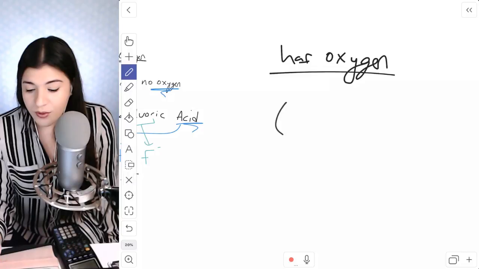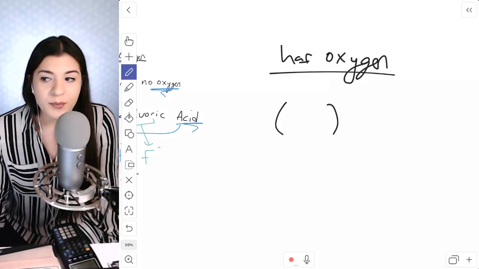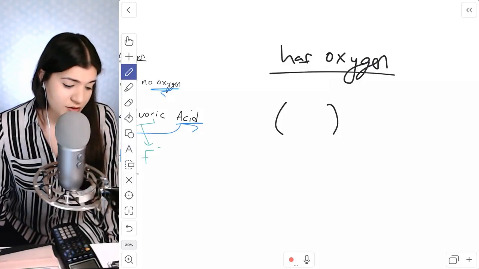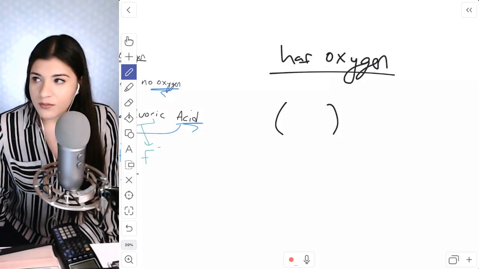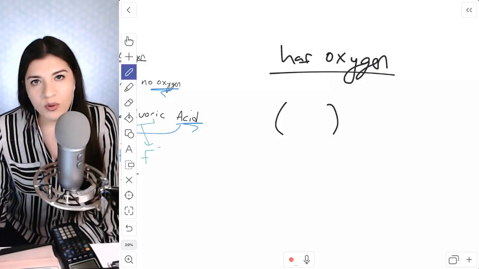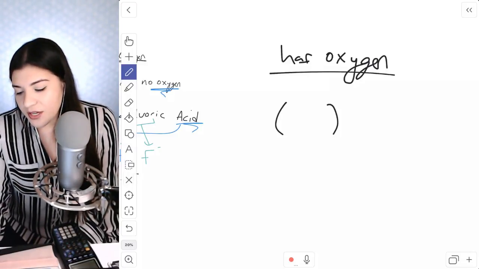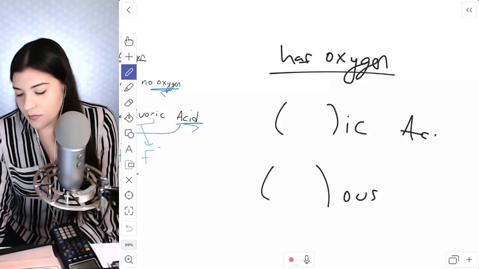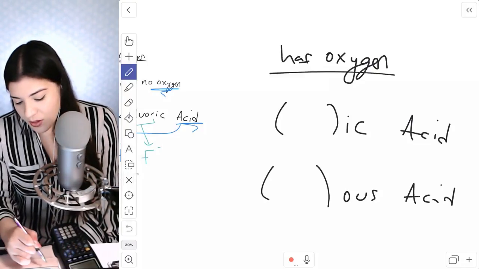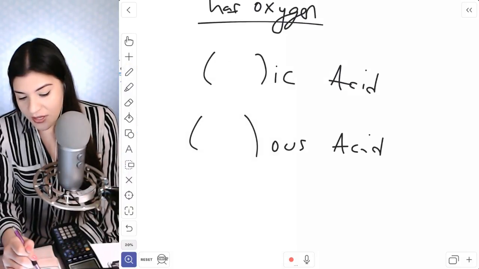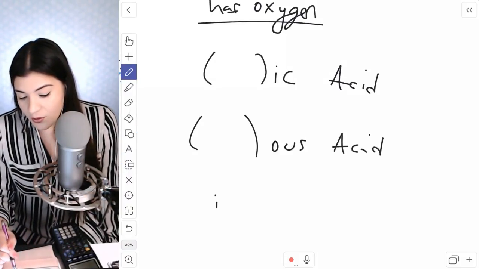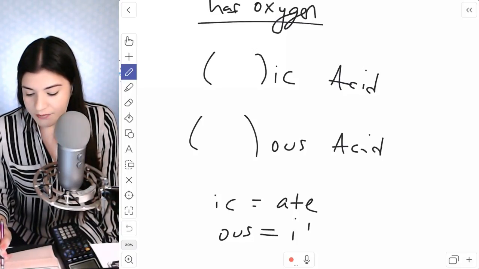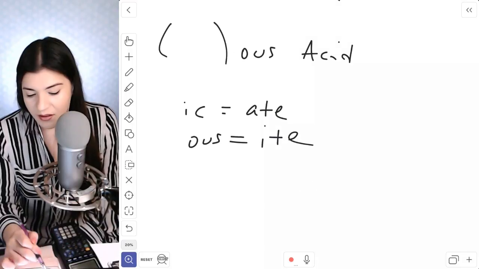You would have the root name of whatever element you have, like sulfuric, nitric and so on, phosphoric, and you're either going to end in ic or us, and that's acid. Now this goes back to having to know your polyatomic ions, where ic goes with ate and us goes with ite.